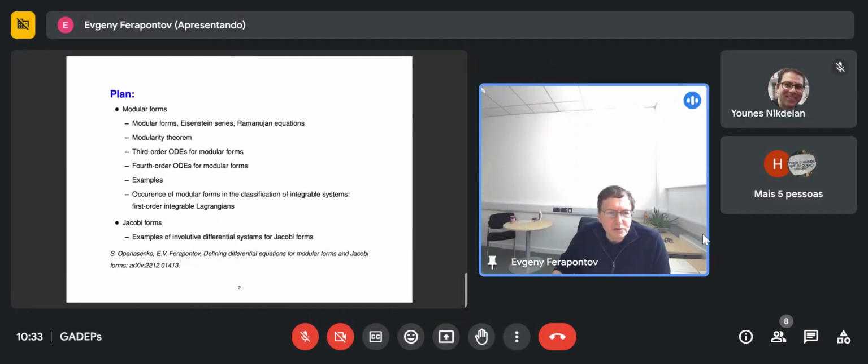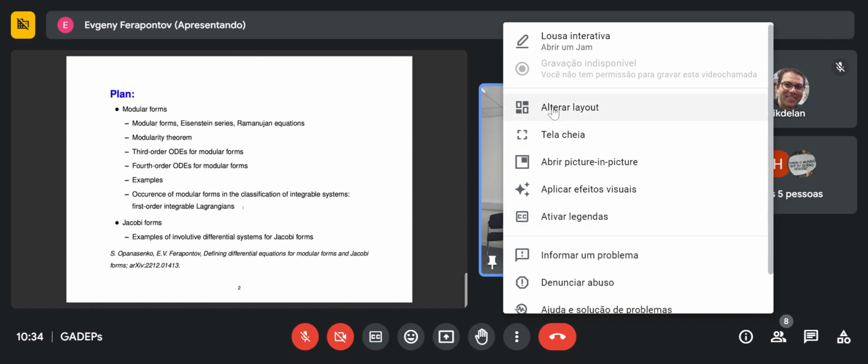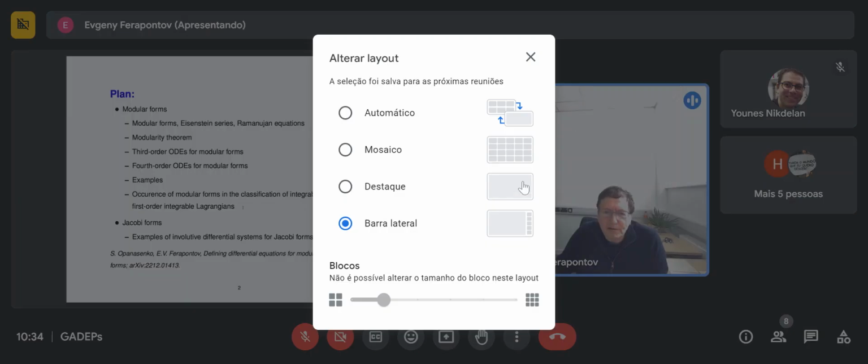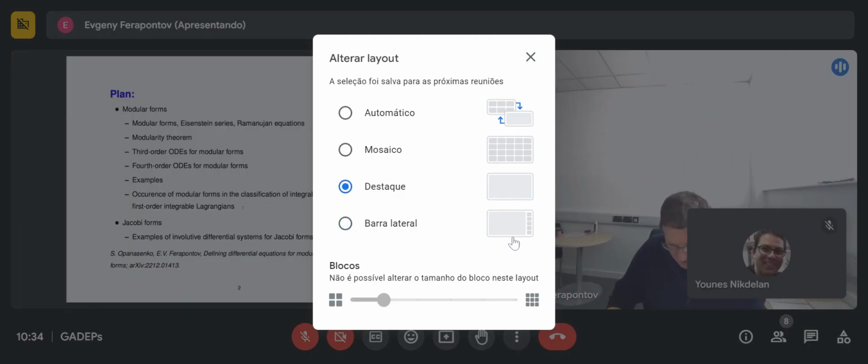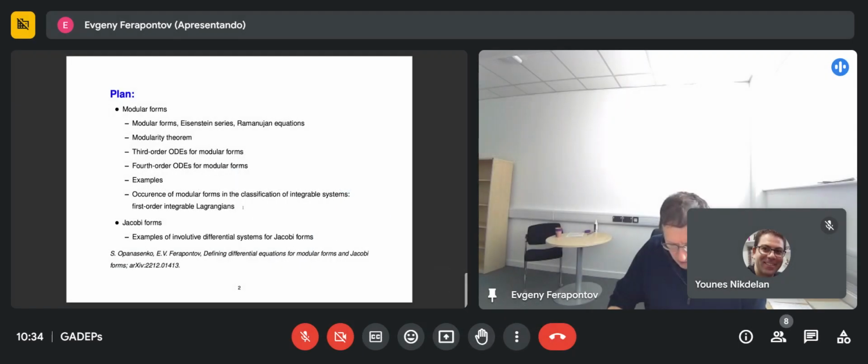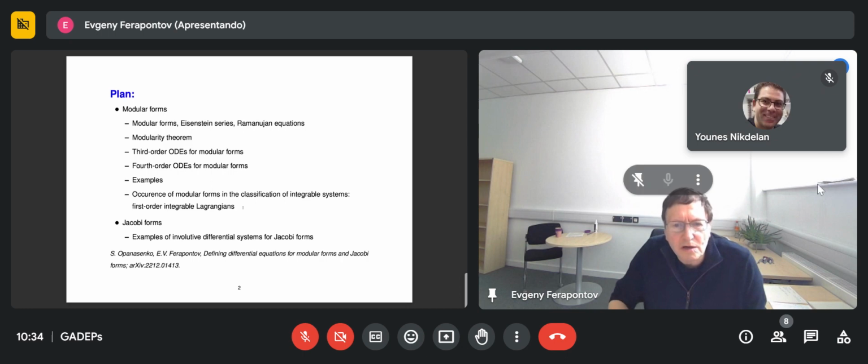I will show some examples of differential equations for modular forms. And finally, I will discuss where these differential equations for modular forms naturally arise. In fact, I come from differential geometry and the theory of integrable systems. And to some extent, to my surprise, modular forms occurred in the coefficients of integrable systems.